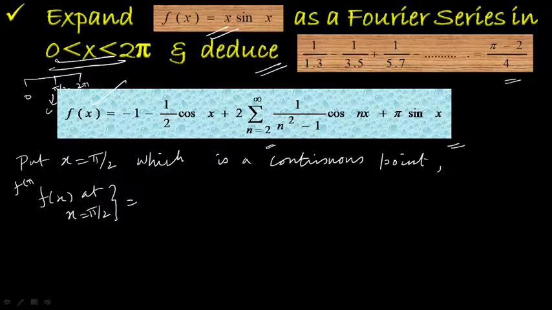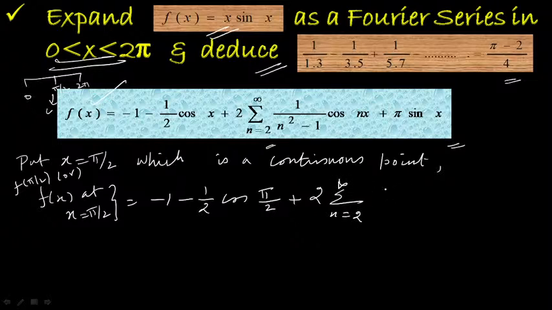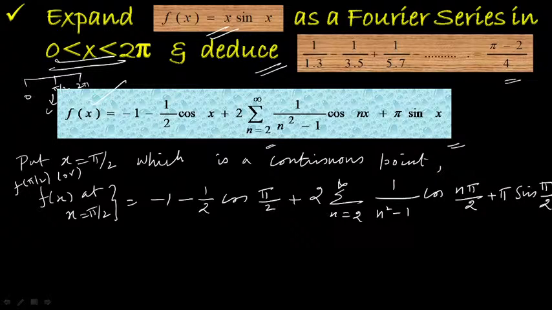You may write either f of pi by 2 or f of x at x equal to pi by 2, both are the same. For your understanding purpose, I have written it like this. Now, minus 1 minus 1 by 2 cos x, where cos x is replaced by pi by 2, plus twice sigma n varies from 2 to infinity 1 over n square minus 1 cos n pi by 2 plus pi sin x, where x is replaced by pi by 2.